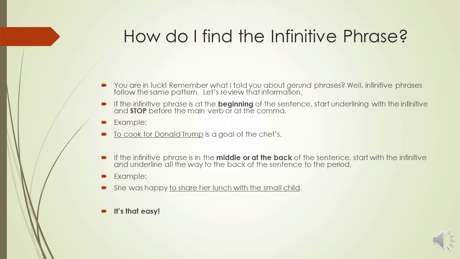So look for "to" plus a verb. I see to share. It's in the middle, so my rule says I'm going to go all the way to the back and stop at the period. So, to share her lunch with the small child becomes the infinitive phrase, and I go all the way to the back with the underlining and stop at the period. See? It's that easy.